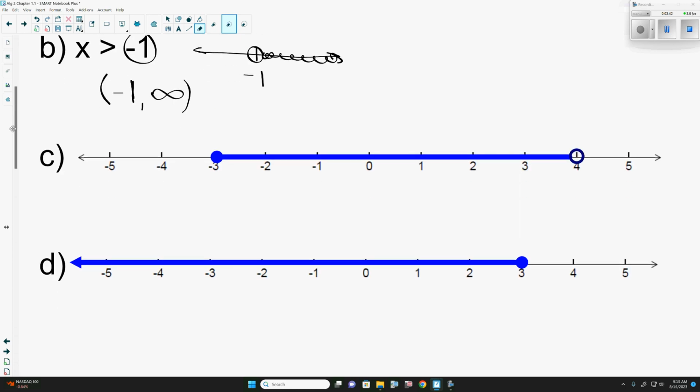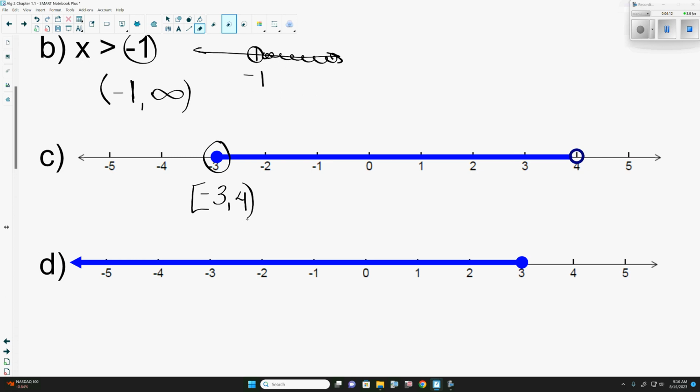Now the next two we have as graphs on a number line. When I look at C, we do have two definite endpoints. We have one at -3 and we have one at 4. If I'm going to write this as an interval, we'd have -3, 4. -3 is included because it's shaded in, so it's going to have a bracket. 4 is going to have a parenthesis.